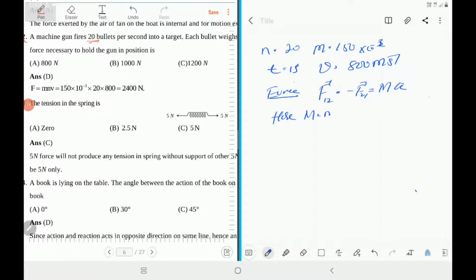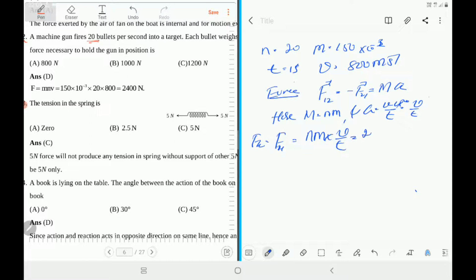Here that force equals mass times acceleration. Mass is the total mass, number of bullets times mass of each bullet, and acceleration is v minus u by t. Initial velocity is 0, so it's v by t. So the force F12, that is equal to F21, that is equal to Nm times v by t. What's N?